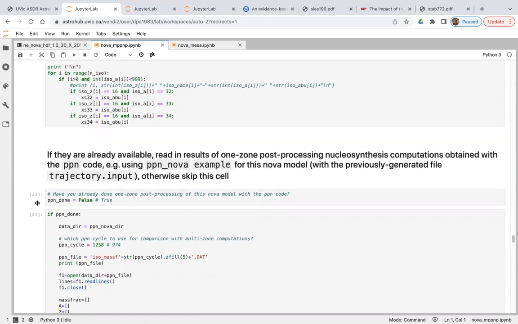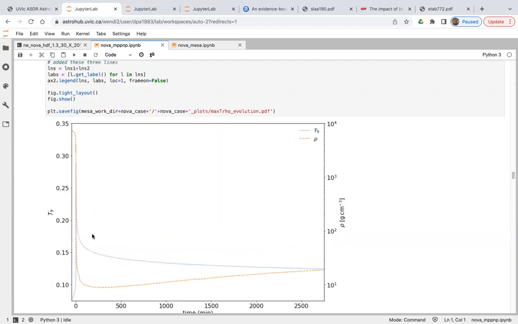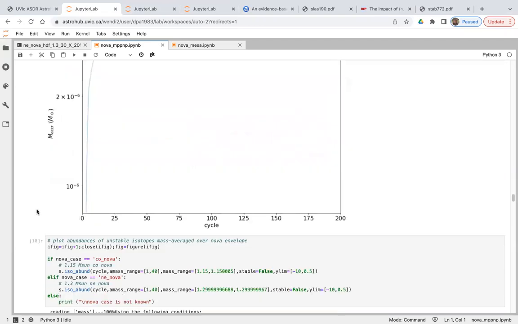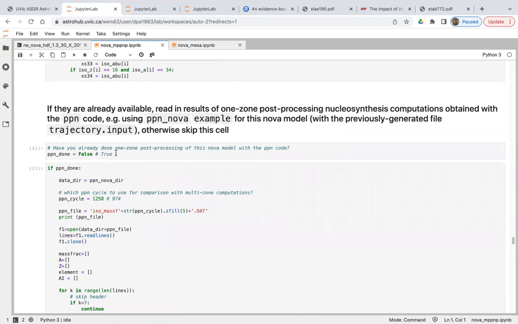For one zone, of course, you are supposed to use this trajectory for comparison, the same trajectory that was extracted from the corresponding multi-zone simulations, right? Okay, so therefore, in order to execute the next cells, you have to first tell the notebook, have you already done one-zone post-processing simulations for this NOVA model? Here I say no, false, they have not been done yet, although I think they have been done actually here.